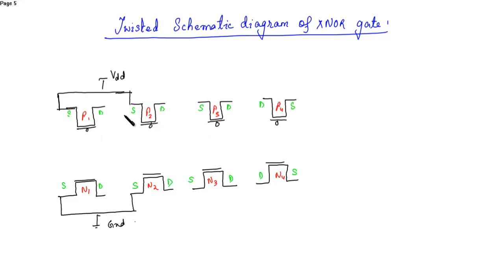Drain and drain are shorted, gate and gate are shorted. This is gate to gate, this is drain to drain. This is input A, this is A bar, this is B, this is B bar.